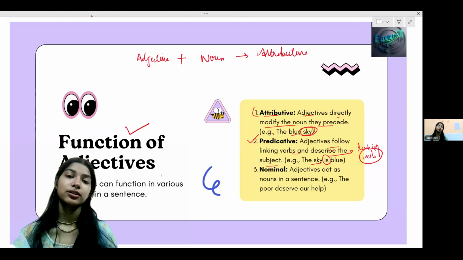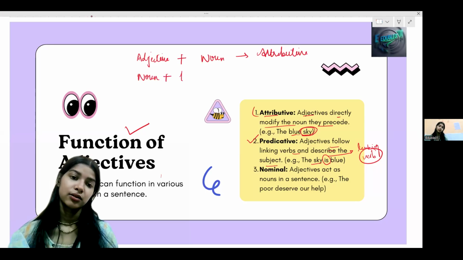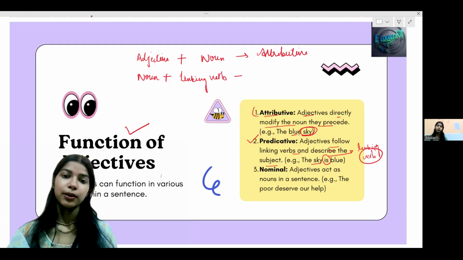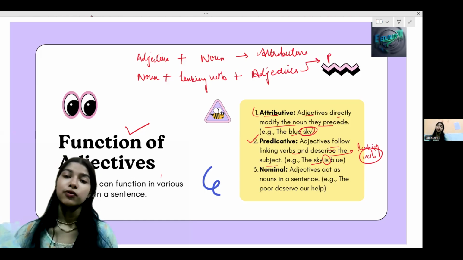Now, the next function, that is predictive, there will be the noun plus a linking verb plus an adjective that is followed by the linking verb. Means after the linking verb, there will be an adjective. So that is the flow of predictive.